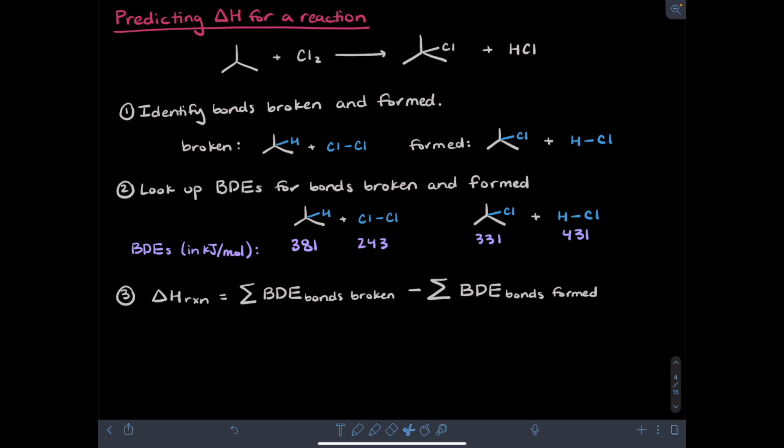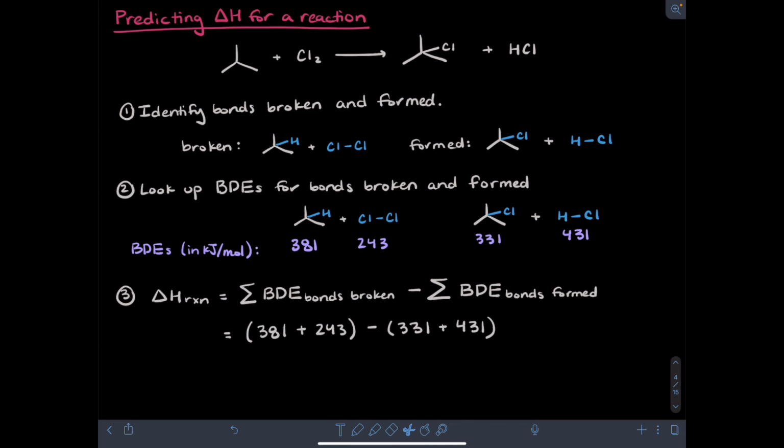Then to predict delta H for the reaction, you want to take the sum of the bond dissociation energies for your bonds broken and subtract from that the sum of the bond dissociation energies for the bonds formed.